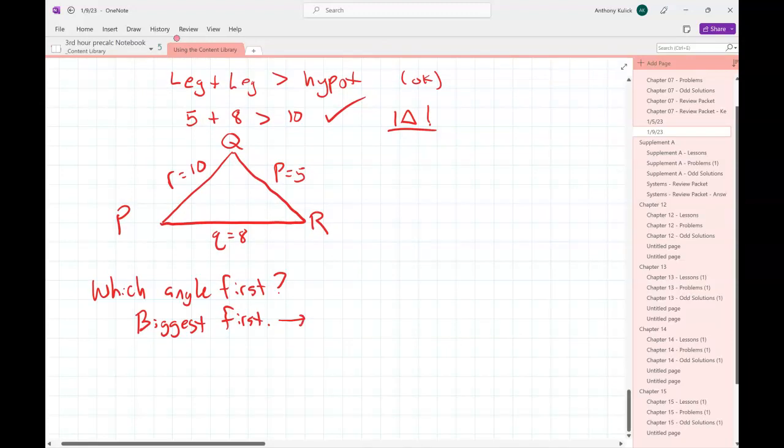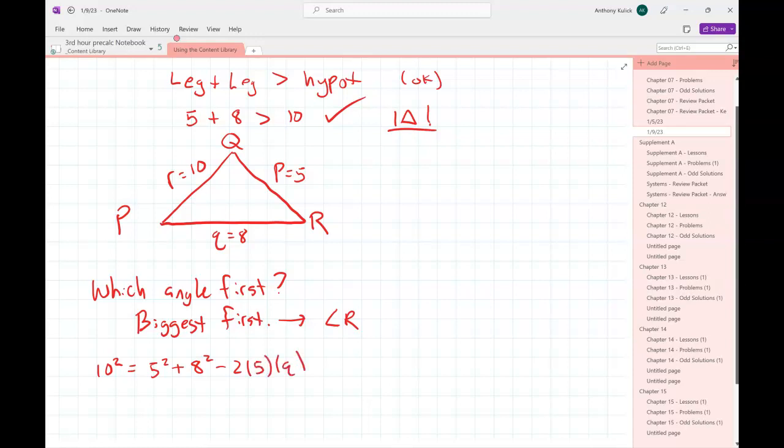So which one of these is going to be our biggest angle? R. So I'm going to say that R squared is equal to P squared plus Q squared minus 2 times P times Q times cosine R. Everybody okay here?